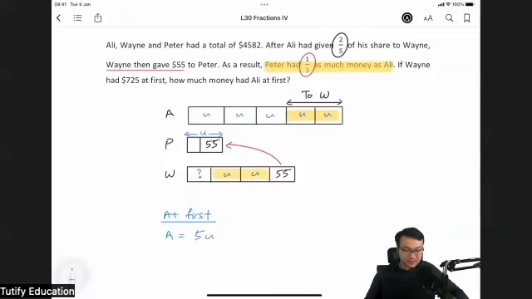He must have had something at first because these 2 units came from Ali, $55 he gave to Wayne. How sure are you that this is 0? Are you sure that this is 0 or not, Embriel? No. So I have to draw something there because I'm not sure if it is 0. Later I do my working, I can find out what it is. Even if it is a 0, I still need to do my working to show that it is a 0. You cannot just pretend it's not there and don't draw it.